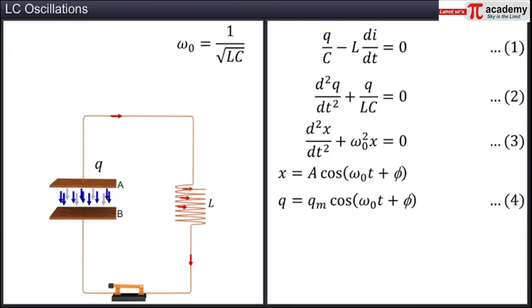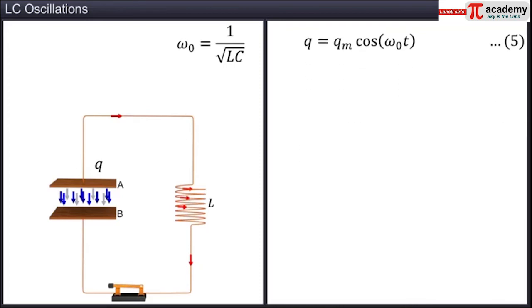Hence, equation 4 now becomes q is equal to qm cos omega naught t. Let this be equation 5. As the capacitor gets discharged with time, we get current I is equal to minus dq by dt.